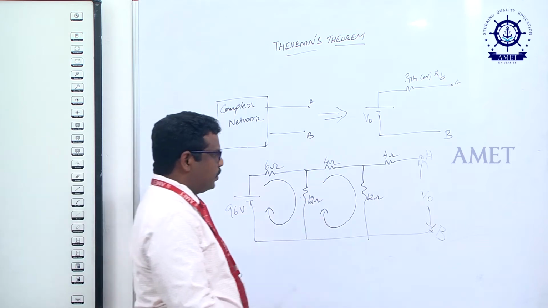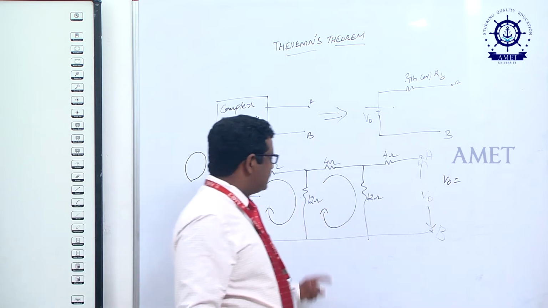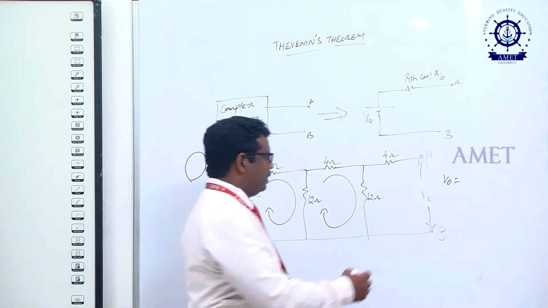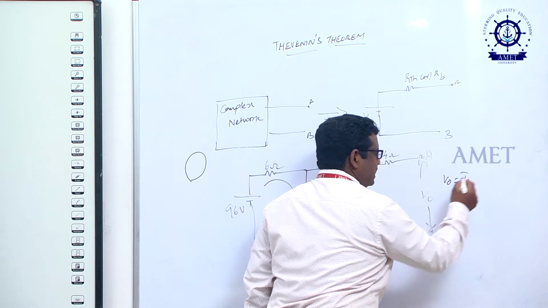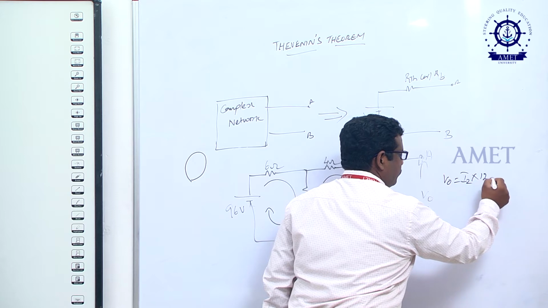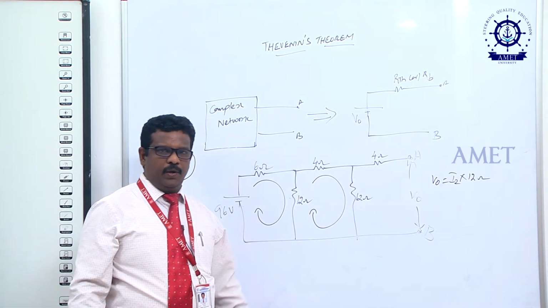So the current will be flowing only through this path and this path. The open circuit voltage is nothing but the current flowing through this path, I2, multiplied by that resistance. How to find I2?